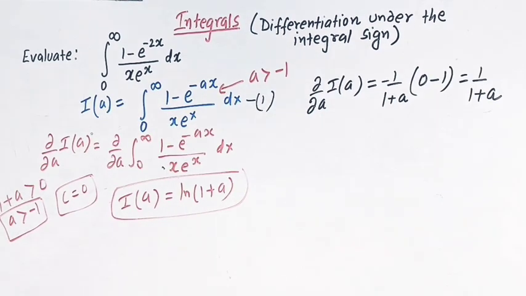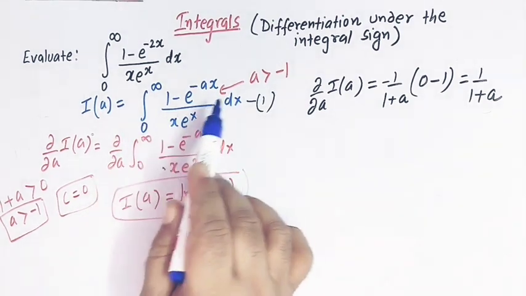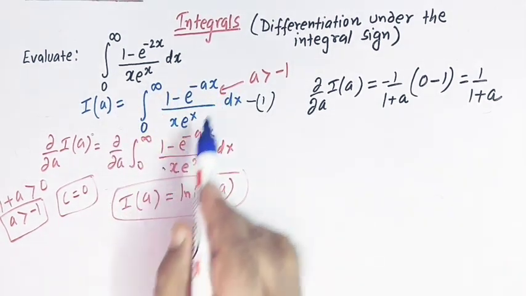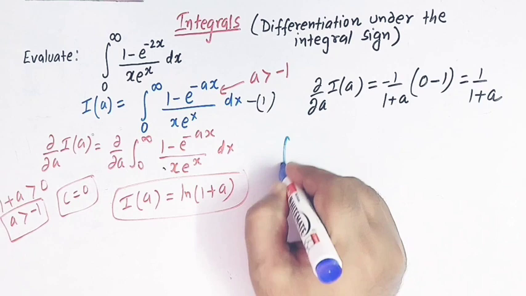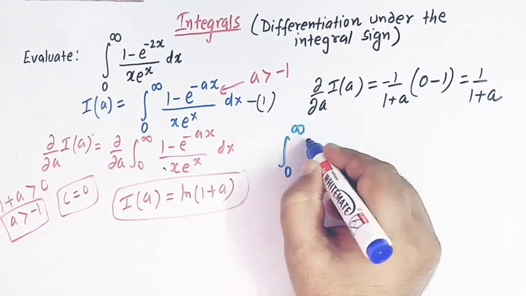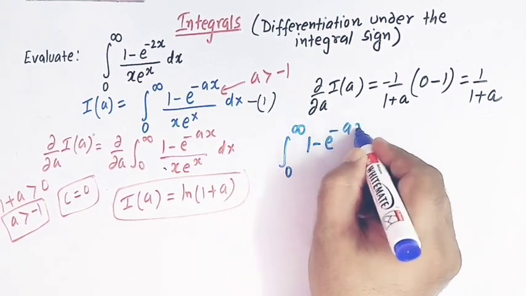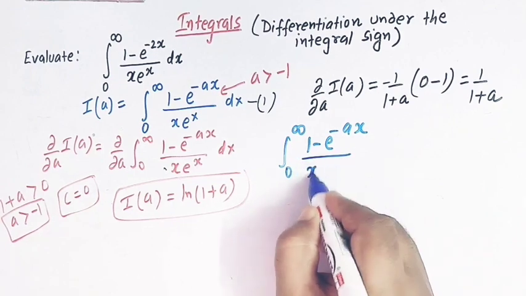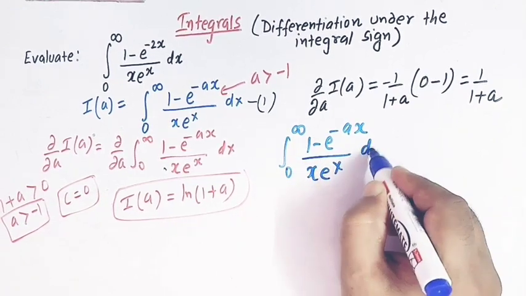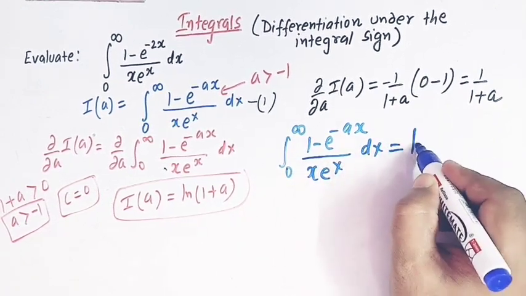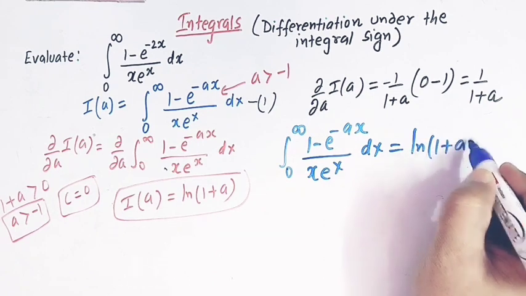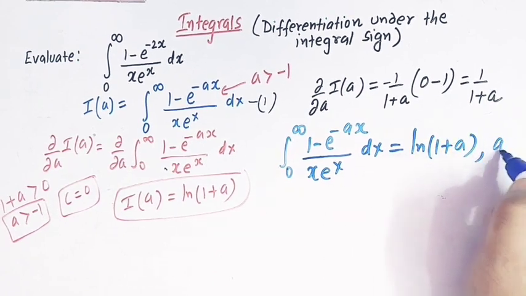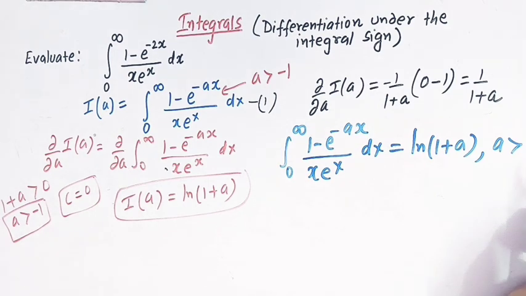So viewers, the value of this integral, because I of a is equal to this integral, so we have the integral from 0 to infinity of (1 minus e raised to minus ax) over x, times e raised to minus x, dx is equal to the natural log of 1 plus a, where the condition is a is greater than minus 1.